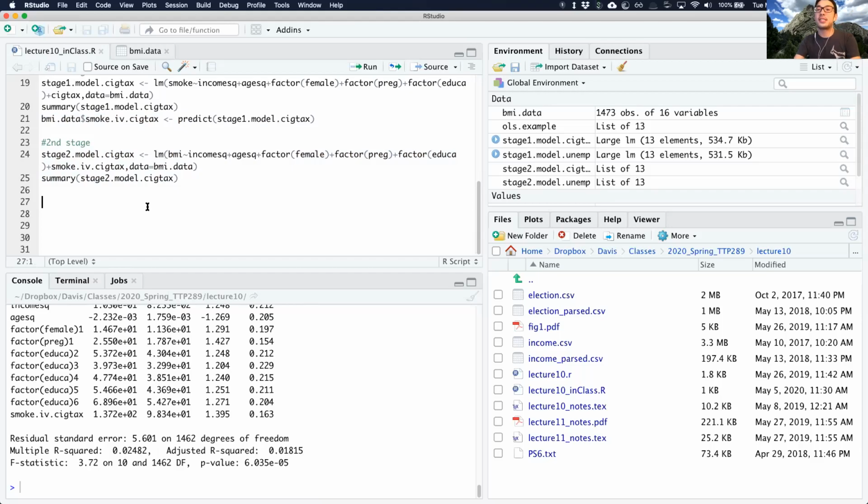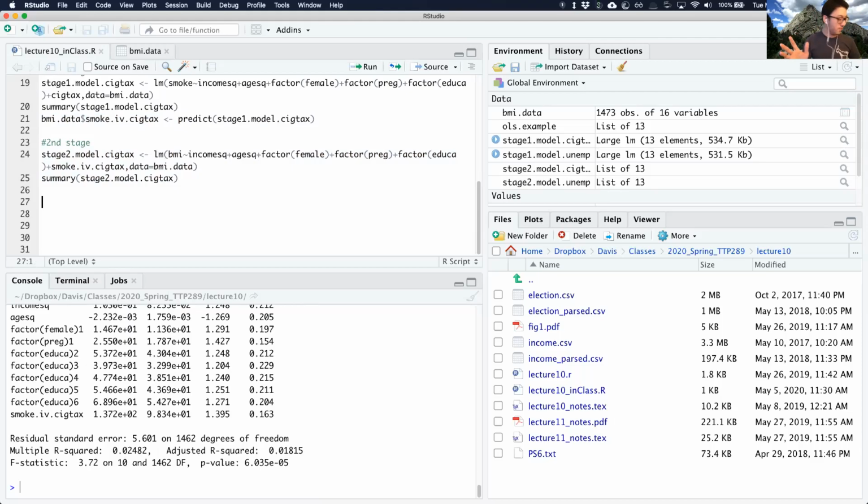But of course, there are packages out there which will do this for you.